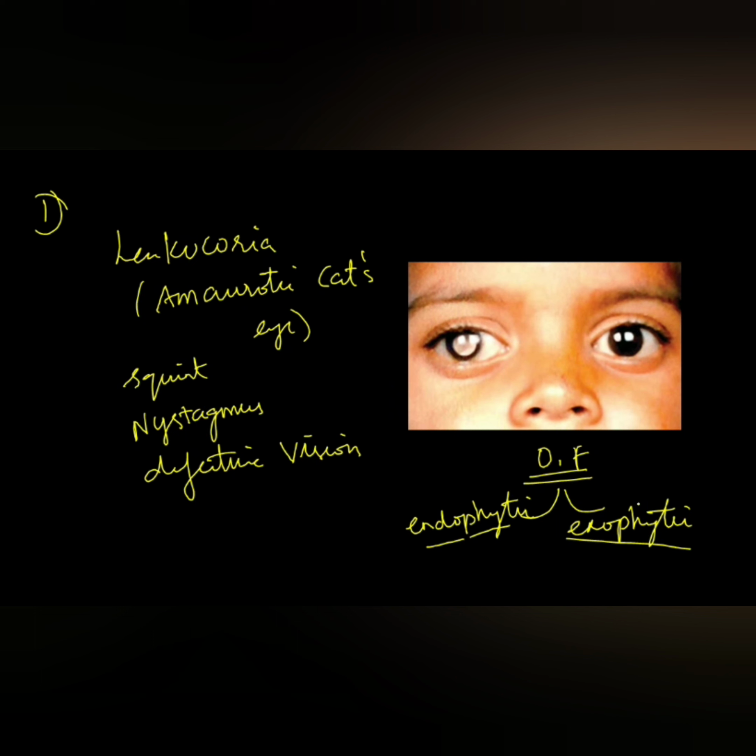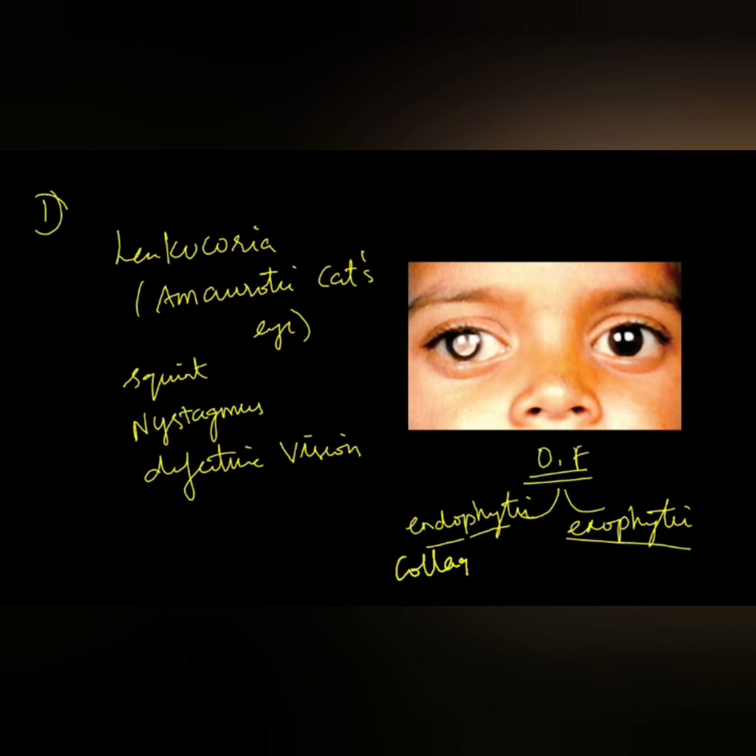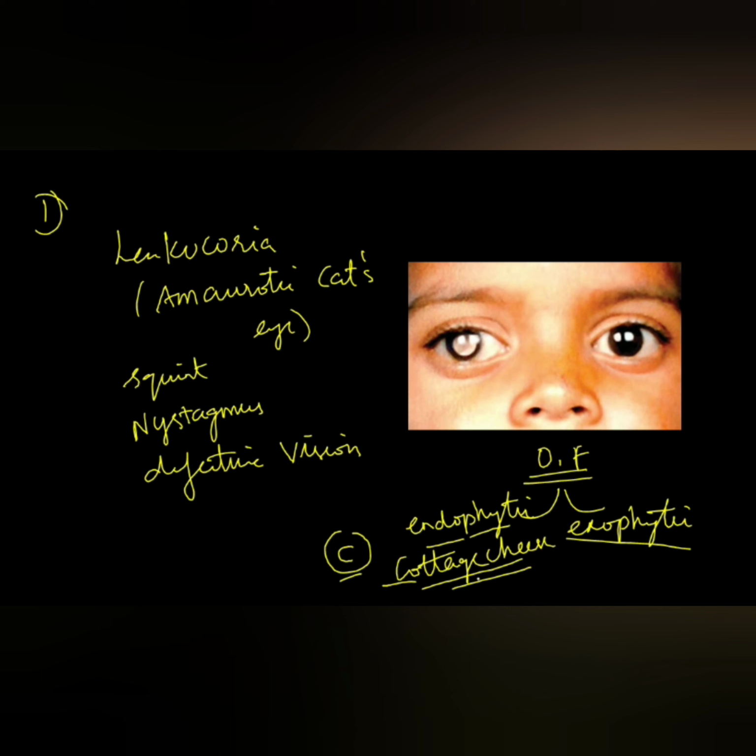Endophytic retinoblastoma usually gives a cottage cheese appearance. This can be seen especially if it is calcified. So remember, in endophytic you have a cottage cheese appearance because of calcification of the tumor.